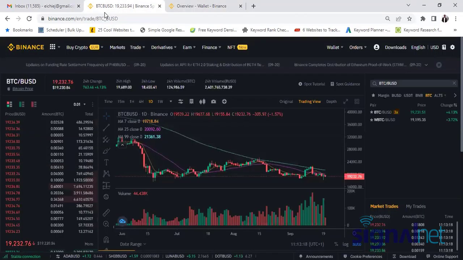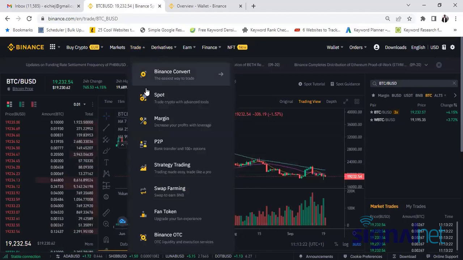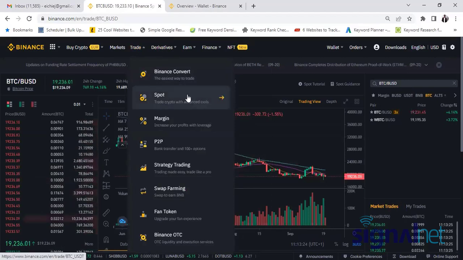So going back to this place, the way I got here is that I came to trade and I went to spot. So spot trading is you are trading from your spot wallet. What you are buying and what you are selling is in your spot wallet.